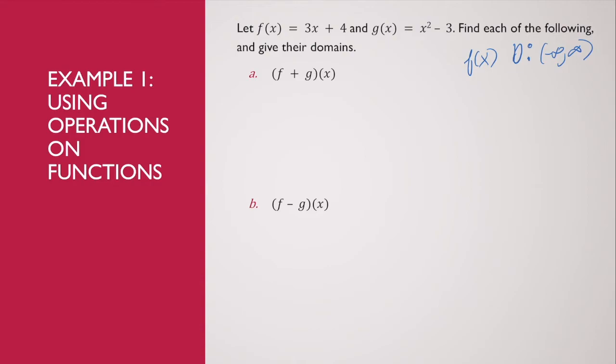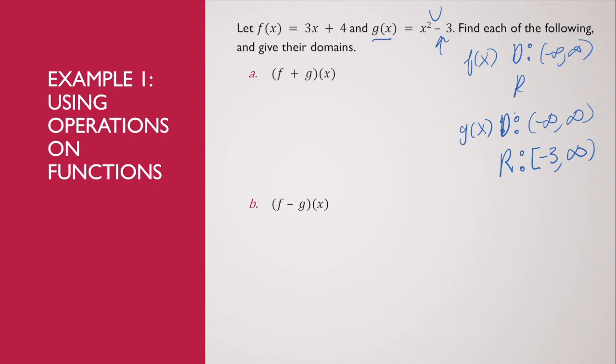So the whole number line. g of x is x squared minus 3. So it has a domain of negative infinity to positive infinity as well, right? Its graph looks like a parabola. It's a parabola that's been shifted down 3, which means its range goes from negative 3 to infinity.